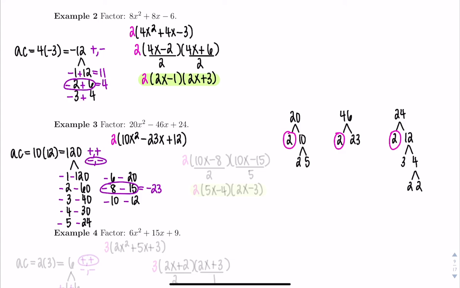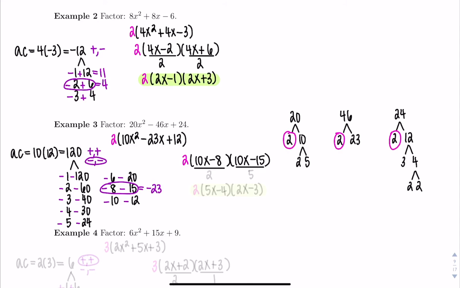And so we just go ahead and copy and paste that 2 that we pulled out originally. Both of our parentheses are going to get a 10, and the x's get split. And we have a minus 8 and a minus 15. Now we just need to divide out whatever they have in common.